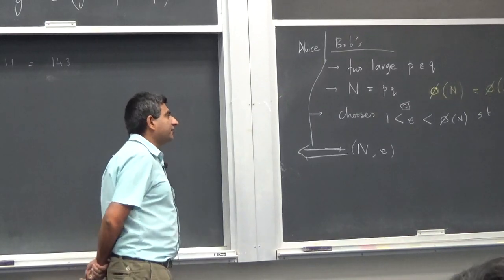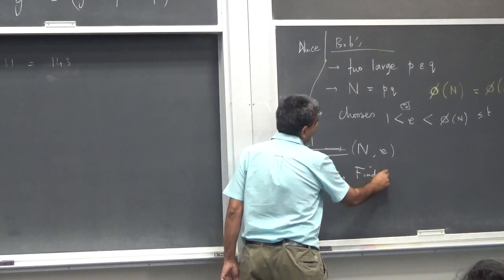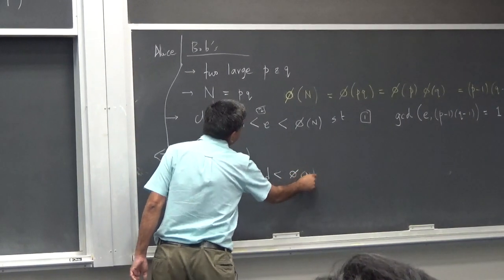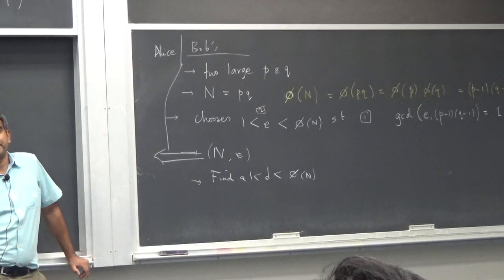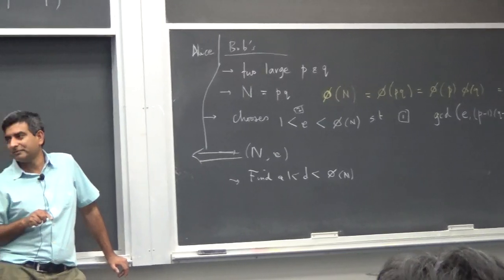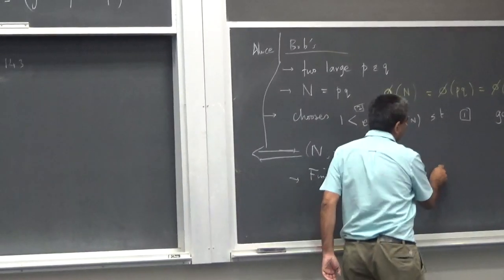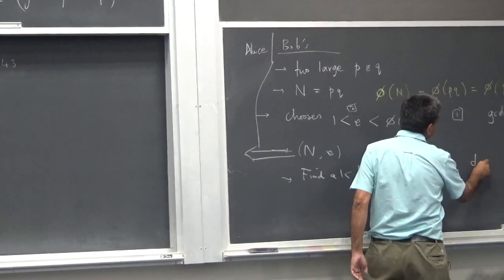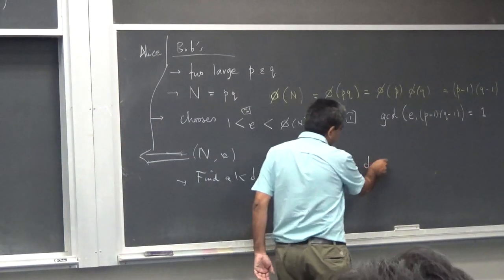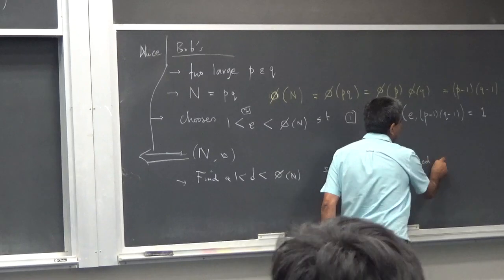What Bob would then like to do is find a D which is greater than 1 and less than phi n. D is another integer which Bob has to find through some algorithm, such that the product of D and E is congruent to 1 mod phi n.